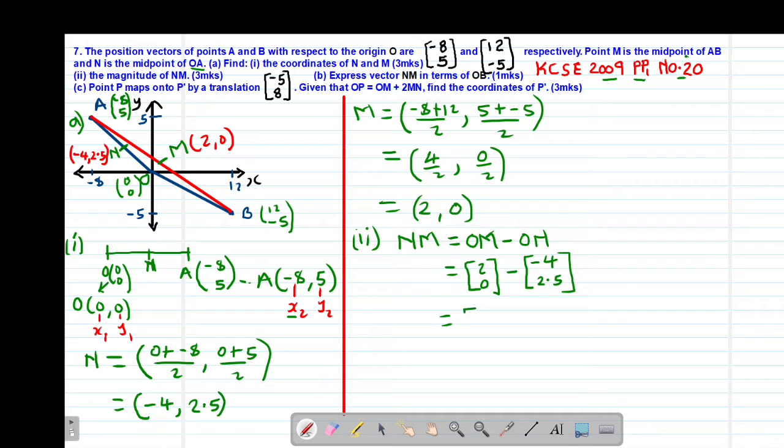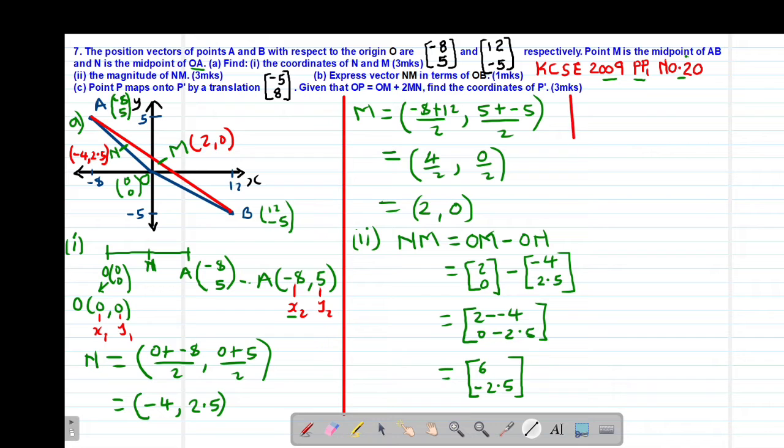This gives us 2 minus 4, then 0 minus 2.5. So 2 minus 4 gives me negative... 6, and 0 minus 2.5 gives me minus 2.5. So that is our vector NM.